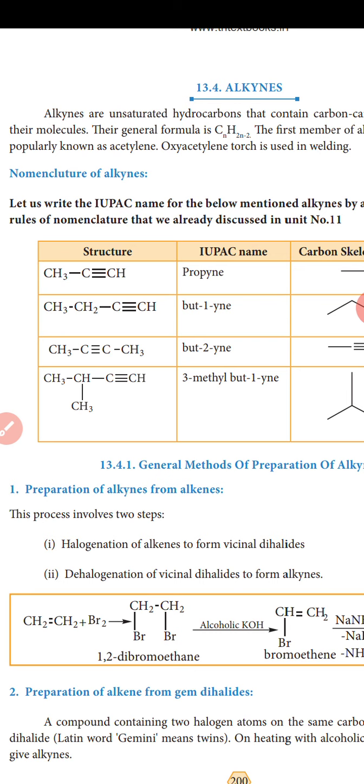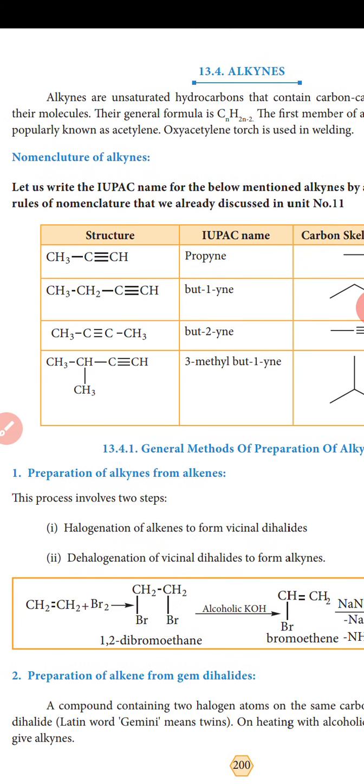Lesson 11. The general methods of preparation of alkynes. Preparation of alkynes from alkenes involves two steps. The first is halogenation of alkene to form vicinal dihalide. The second is dehalogenation of vicinal dihalides to form alkynes. Next, preparation of alkynes from gem dihalides.